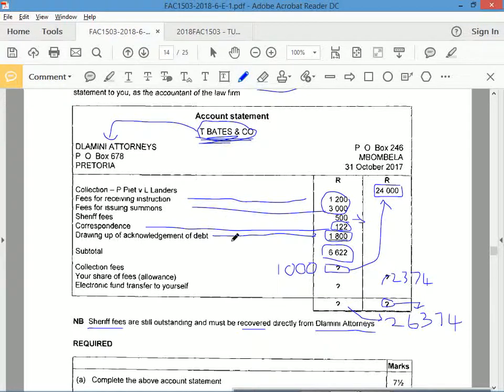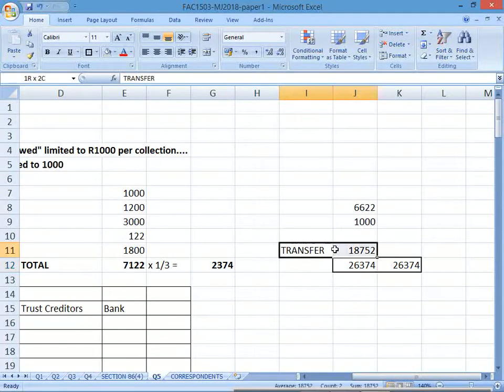On the account statement I would leave it, because they say complete the account statement. It's the 26,374 minus all of those and the collection fees.